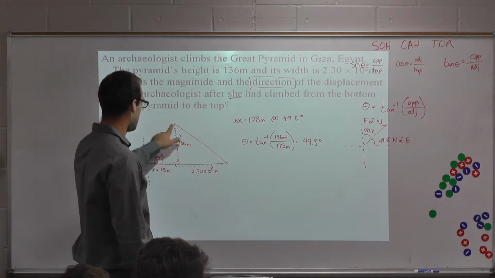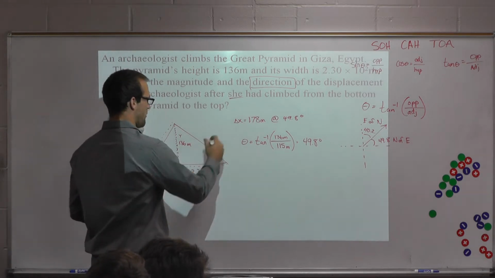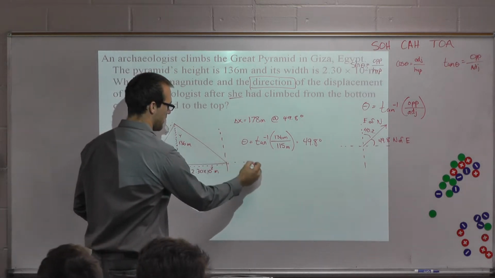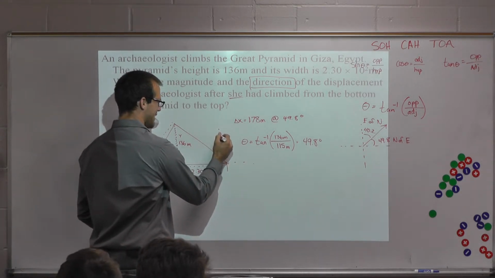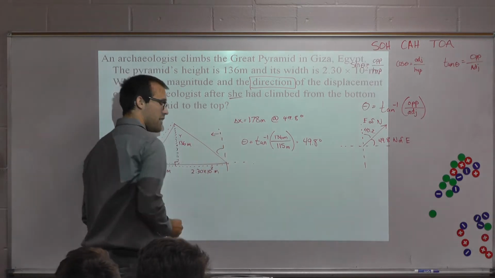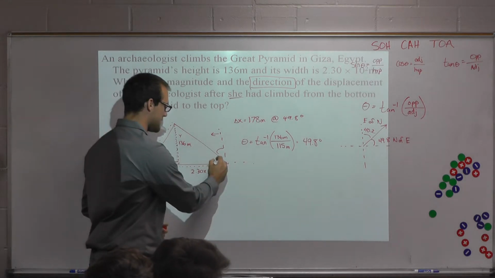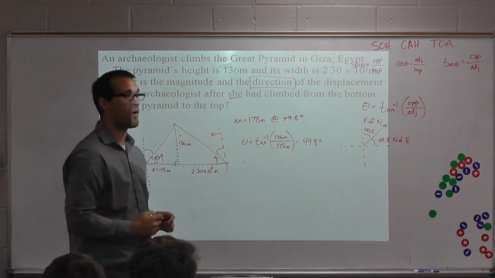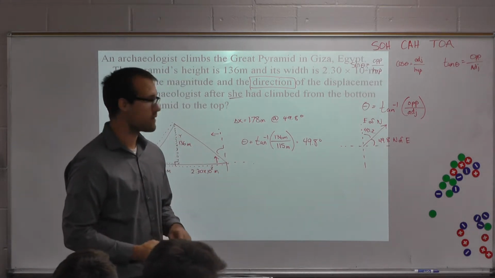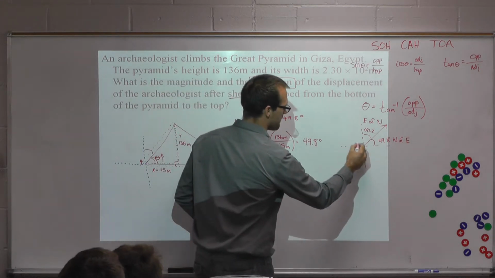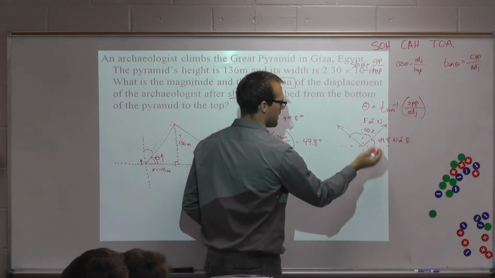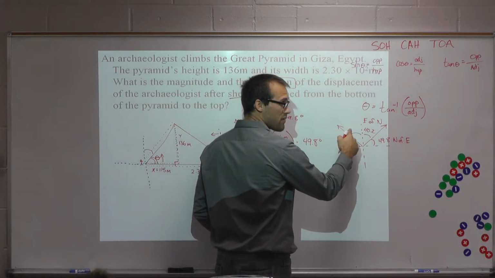Then we'd have our x component here, and this would be west of north, or northwest. And this would be north of west, but not northwest. That'd be like saying this. So this would be to the west of north.